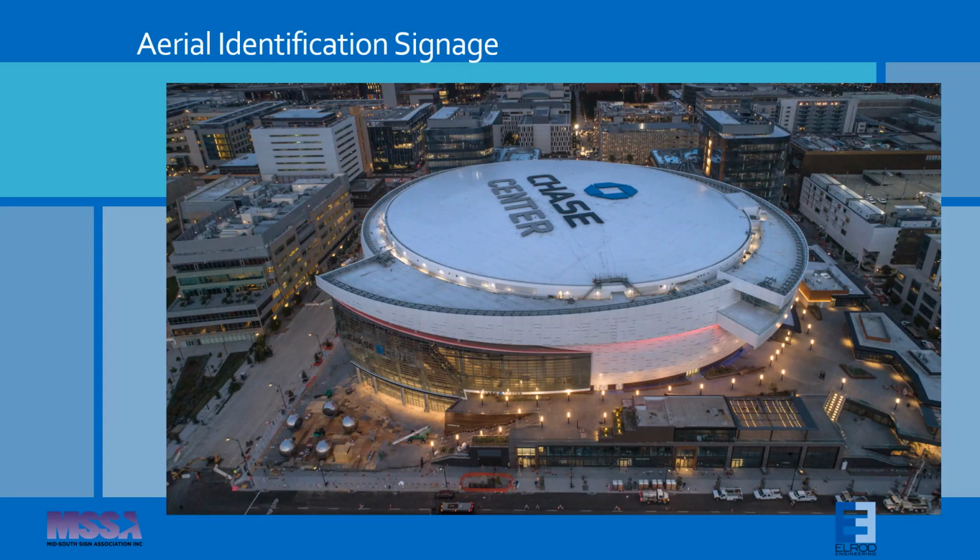Over a 200 by 200 square foot area, you had all these different roof penetrations for the outriggers for the letters on a curved roof. So every outrigger had to be a different length because of the curvature of the roof. We had to consider the deflection of the actual face. Normally, when you think about a set of channel letters, if you've got acrylic faces, they're standing upright and they do fine because they're vertical.